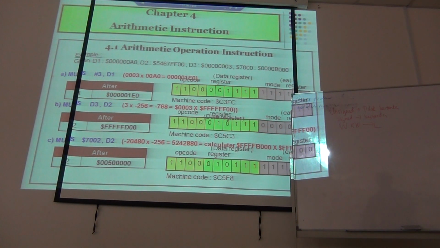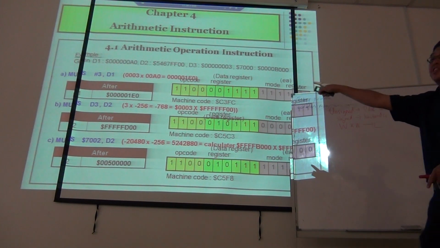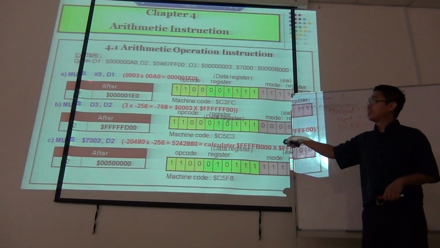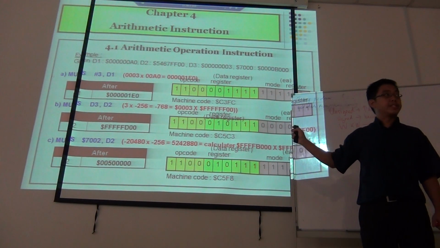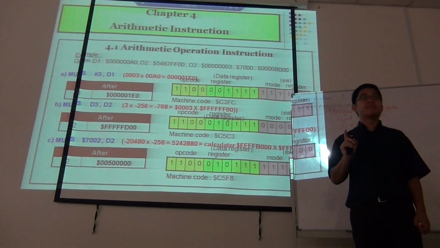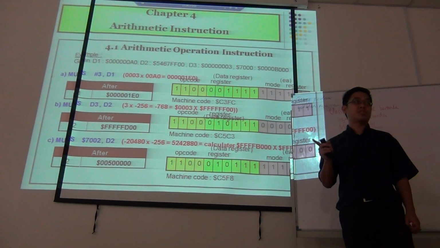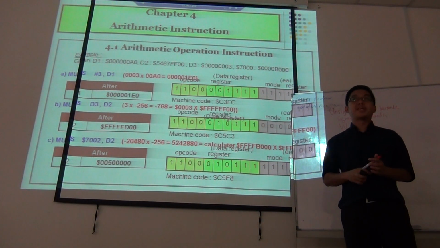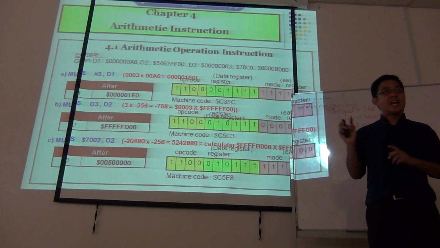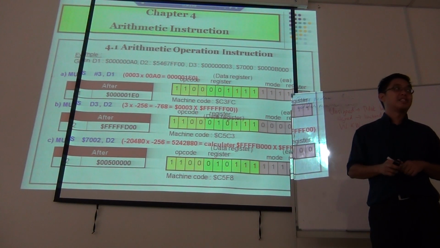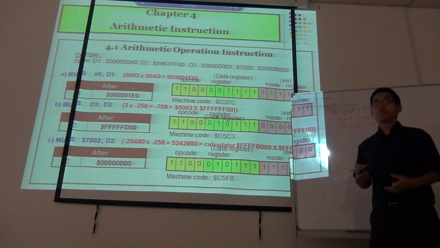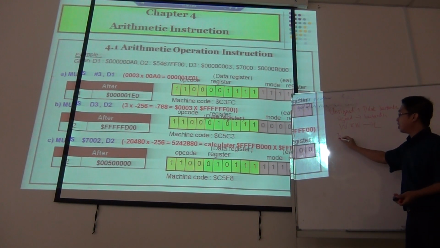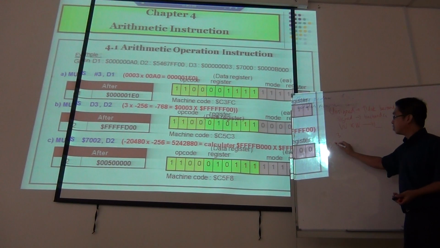See carefully. The first one very simple first. Let's go for the simplest part. So multiply sign #3 to D1. #3 is equivalent to decimal 3 and also hex 3. 3 is a positive number, because the MSB is equivalent to 0. 3 is equivalent to 0, 0, 1, 1.